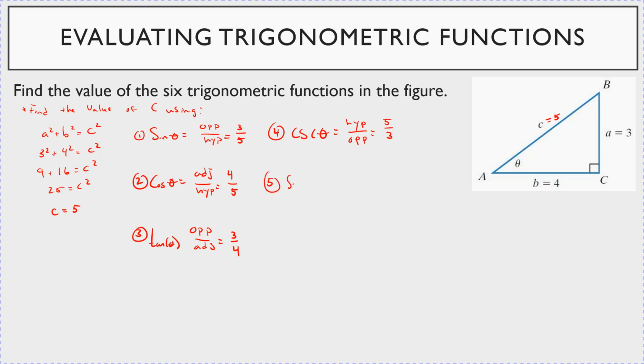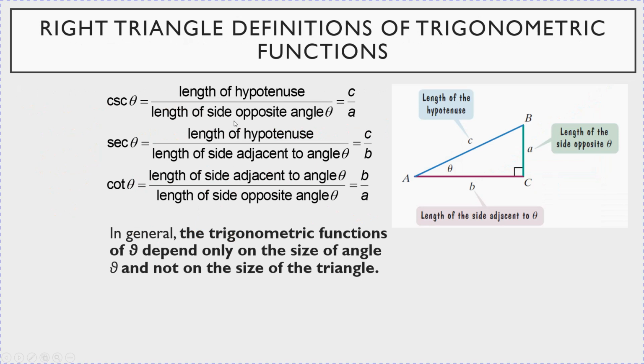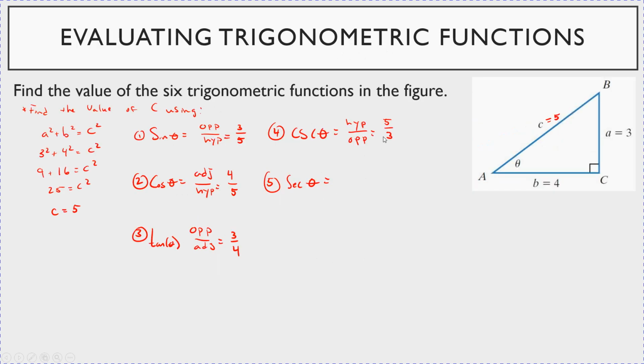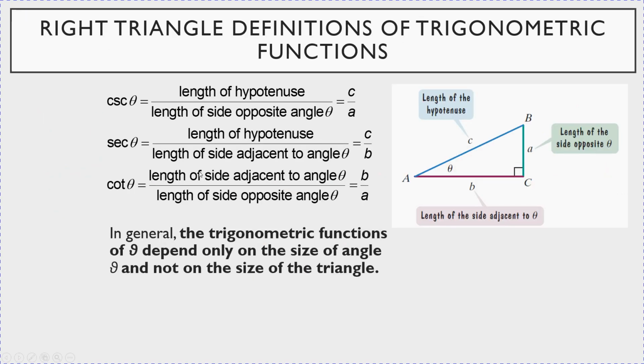Then we have secant of theta. Secant of theta is the hypotenuse over the adjacent. So going back to the length of the hypotenuse over the length of the adjacent side, c over b. So this is just 5 over 4. And then cotangent, okay, so looking back, it's the length of the adjacent side over the length of the opposite side.